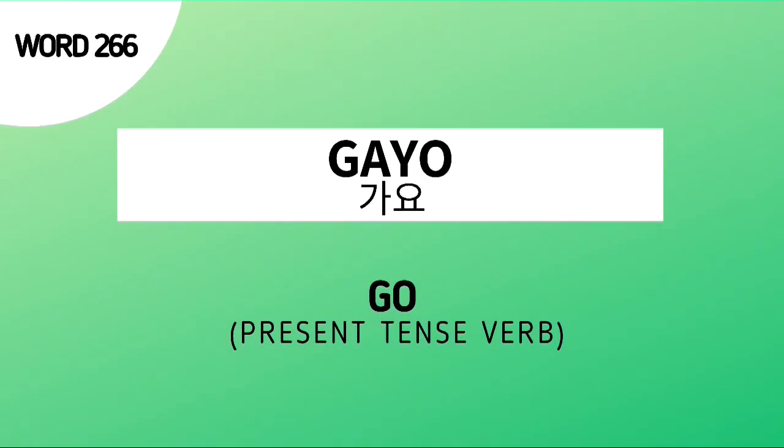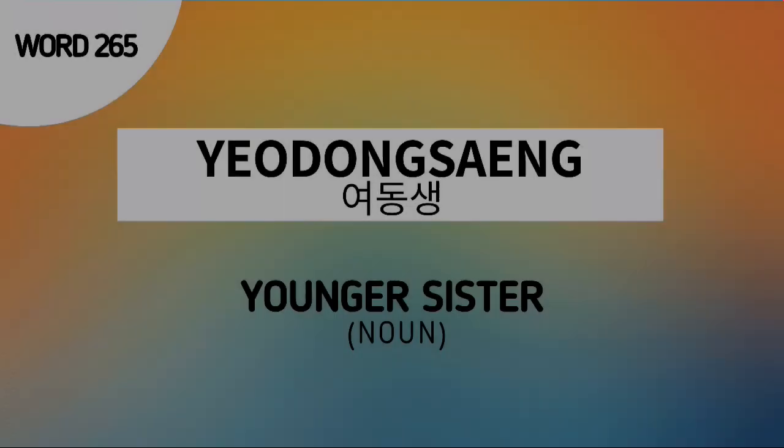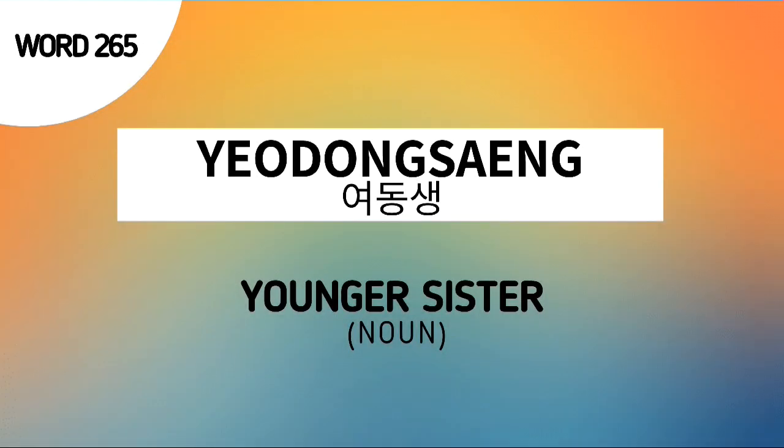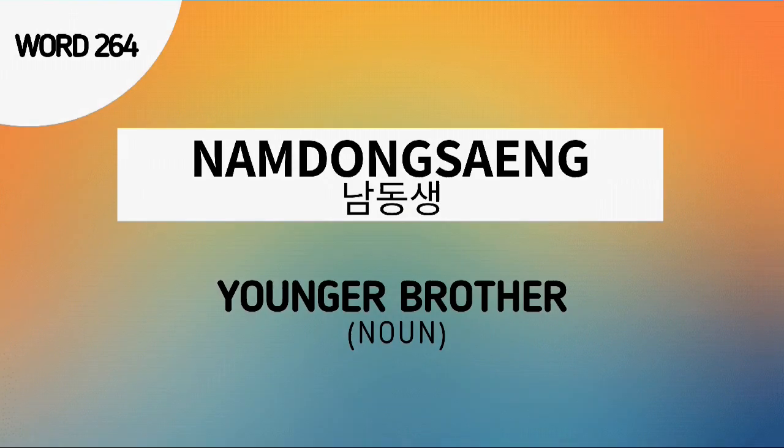Word number 266 is 가요, which means go. Word number 265 is Dongsaeng, which means younger sister. Word number 264 is Dongsaeng, which means younger brother.